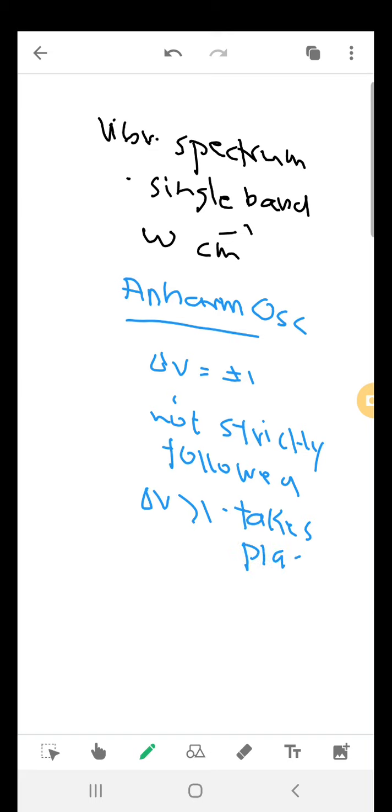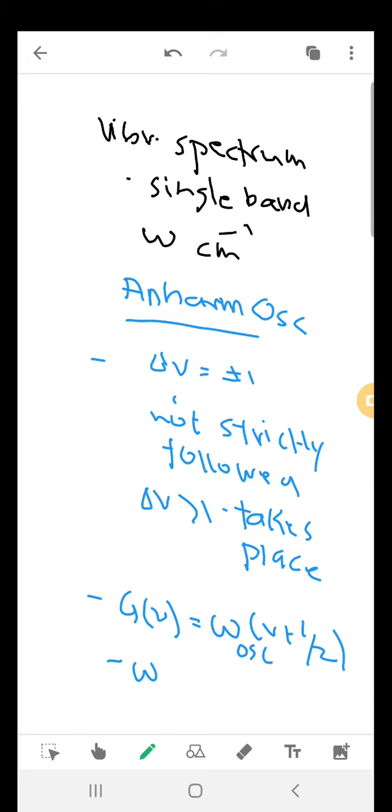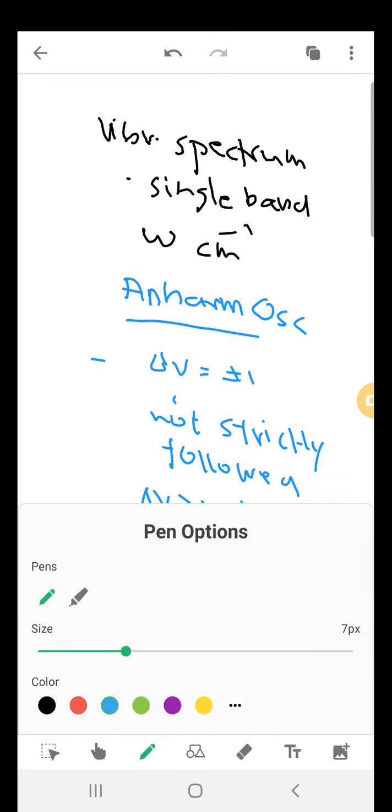The energy level also changes. G(V), which for the harmonic oscillator was omega (V plus 1 by 2), now has an extra term, omega_e xi_e (V plus half) whole squared.